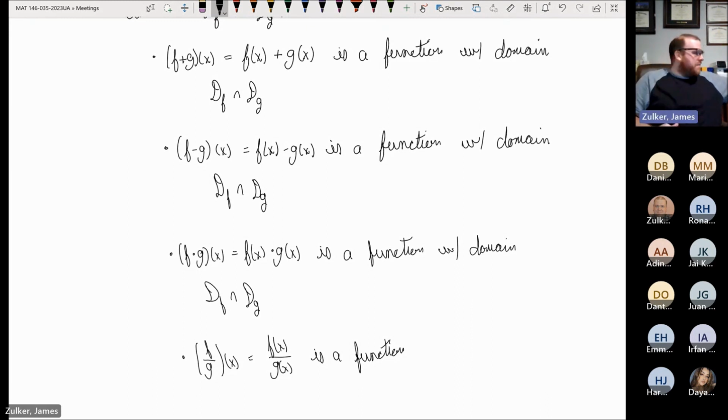F over g of x is defined as f of x divided by g of x. This is also a function.